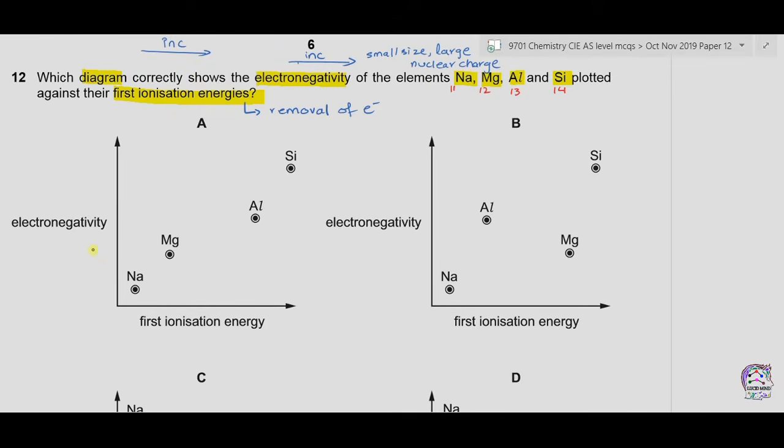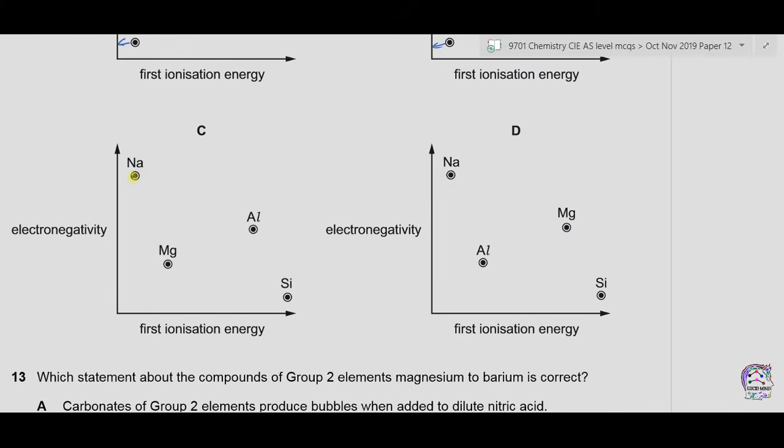Now looking at the electronegativity trend, we have sodium, then magnesium, then aluminum and then silicon. So the electronegativity trend is correct. Looking at option B, we have sodium, then magnesium, then aluminum, then silicon. So the electronegativity trend is correct in both A and B. In C, we can see that the sodium is most electronegative, so therefore this is incorrect.